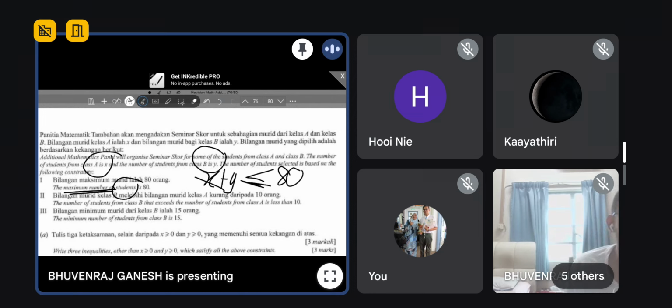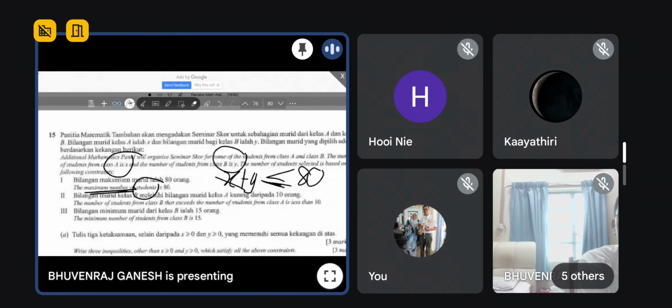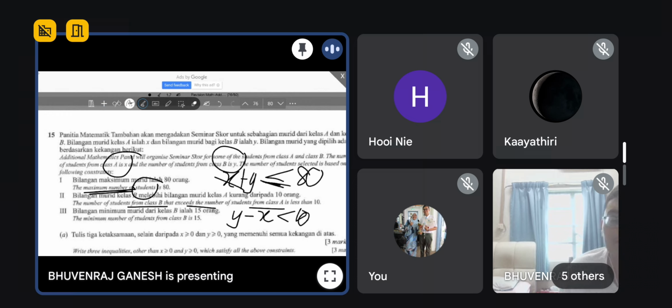Okay guys, so if this is the first equation, the second equation you get from the second information. Basically they say class B exceeds class A. That means class B is more. So class B is Y, class A is X, so Y minus X. How much? Less than or equal to 10.